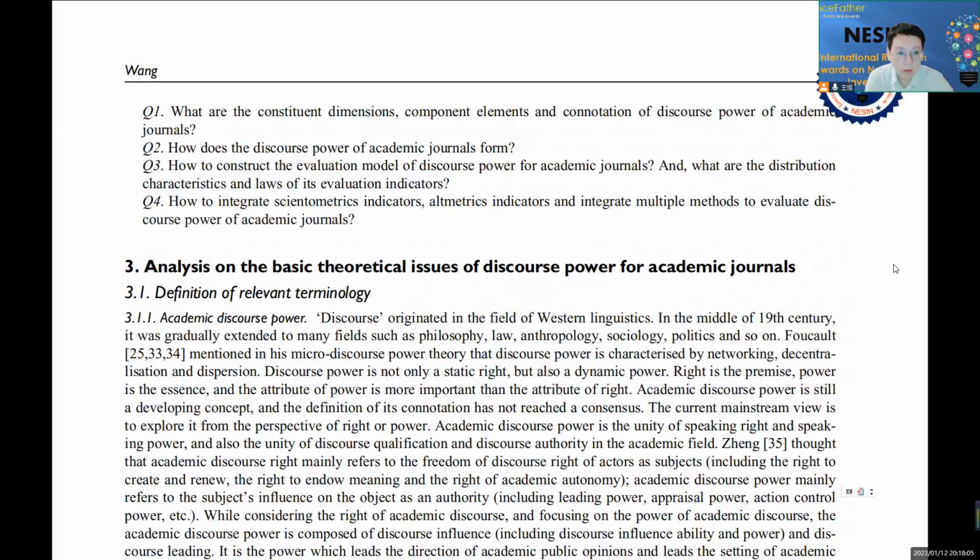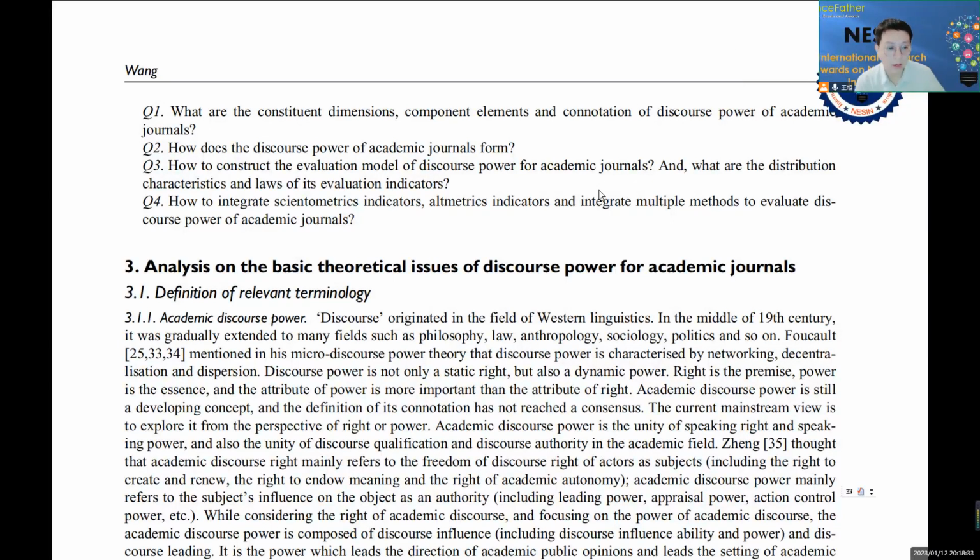How to construct the evaluation model of discourse power for academic journals, and what are the distribution characters and the loss of these evaluation indicators? How to integrate citometrics indicators and altmetrics indicators, and integrate multi-methods to evaluate the discourse power of academic journals.